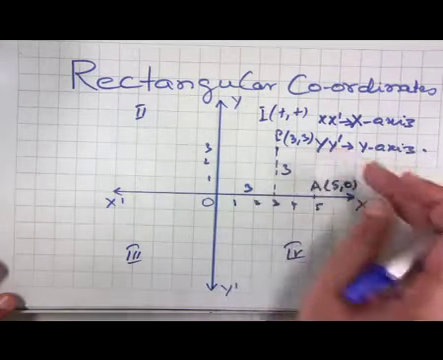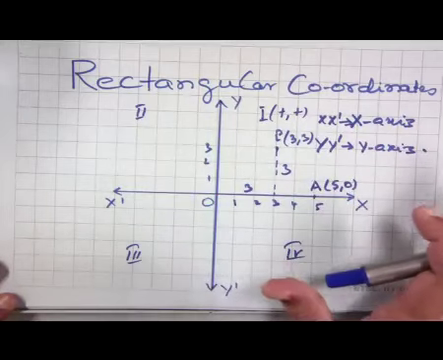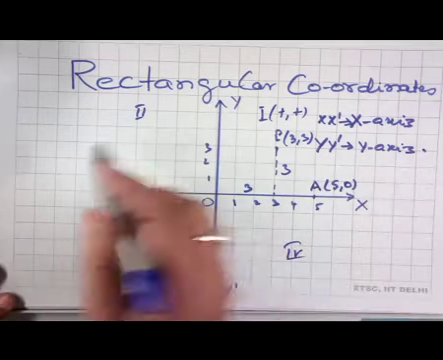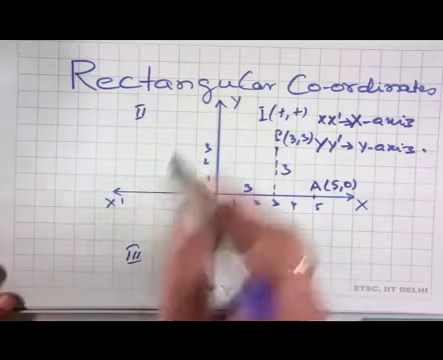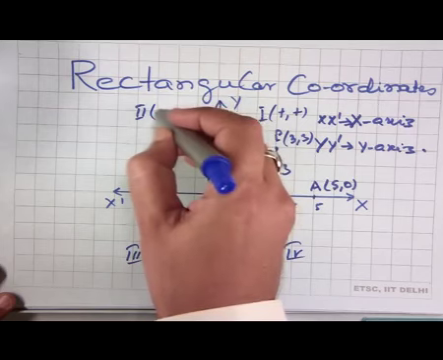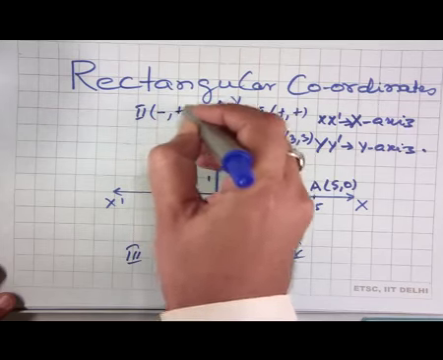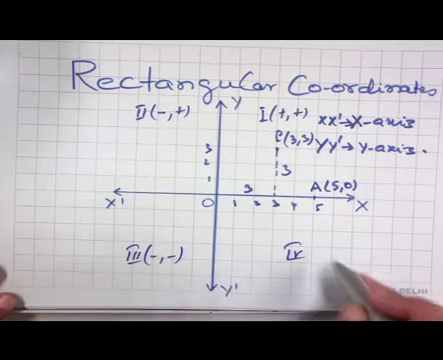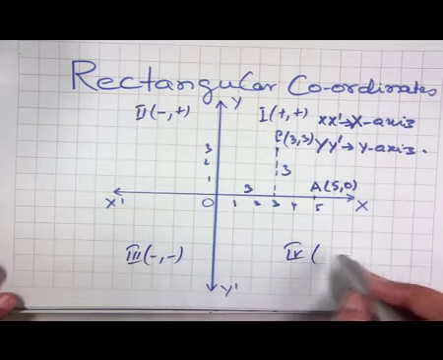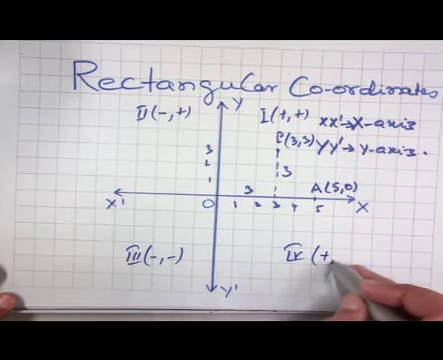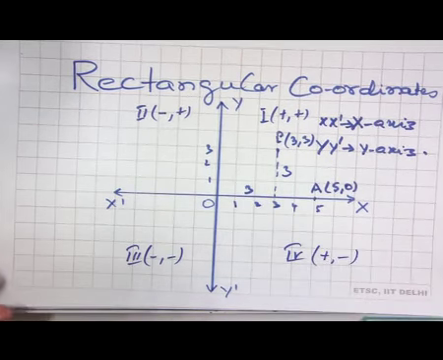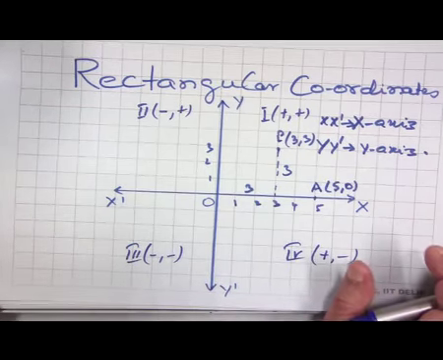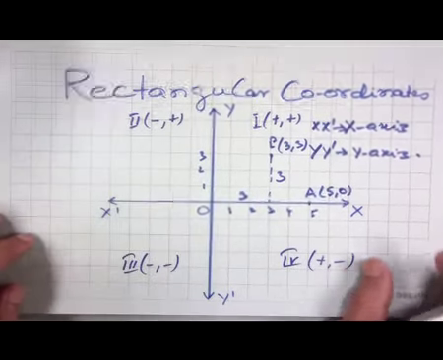So any point in this quadrant has sign (plus, plus). Similarly, the sign of the second quadrant is (minus, plus). The sign of the third quadrant is (minus, minus), and the sign of the fourth quadrant is (plus, minus). So this is something about rectangular coordinates that we must know.